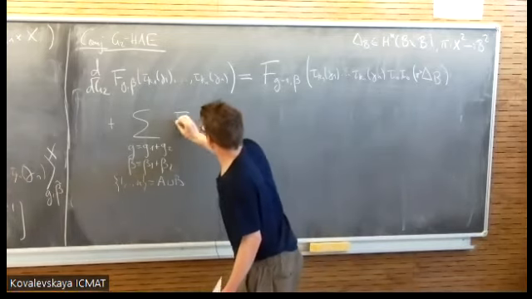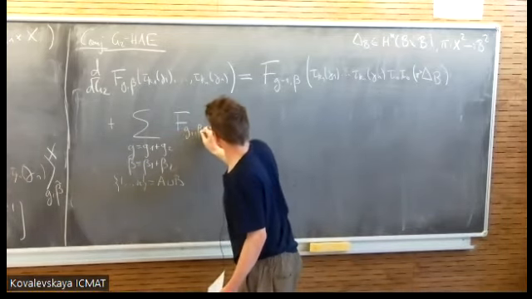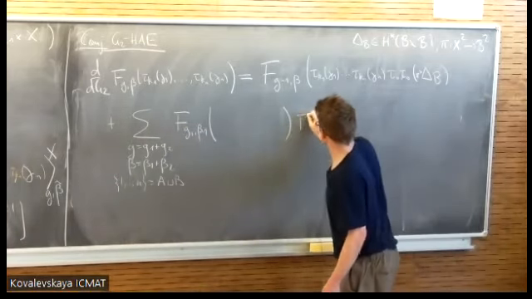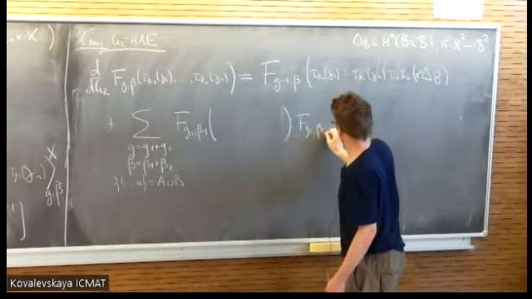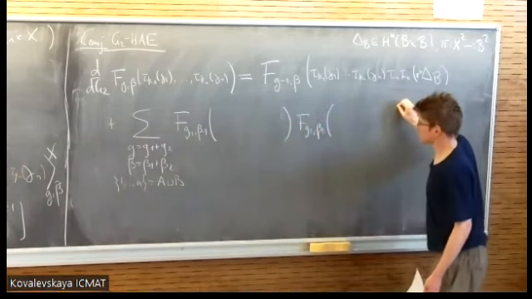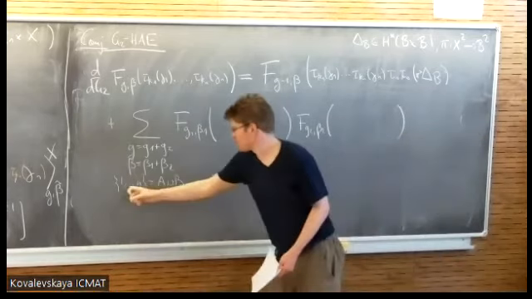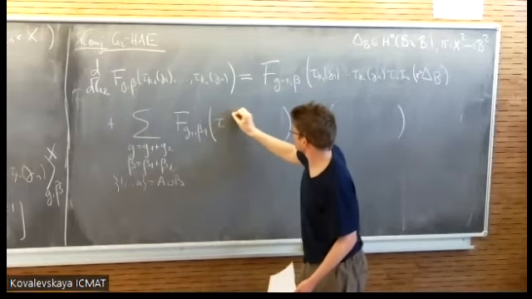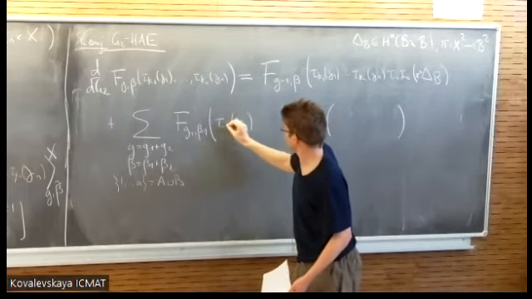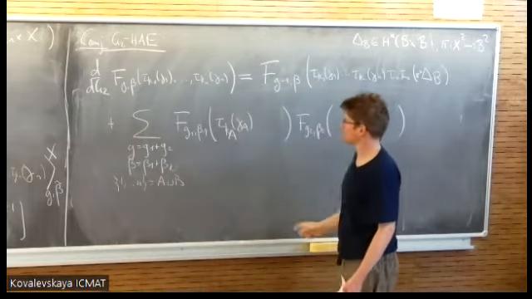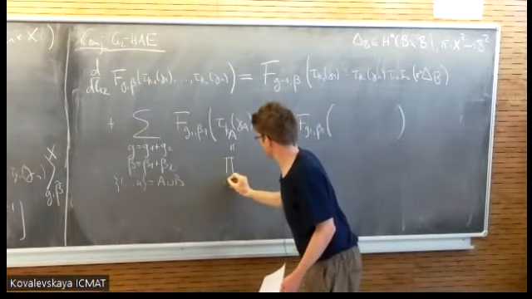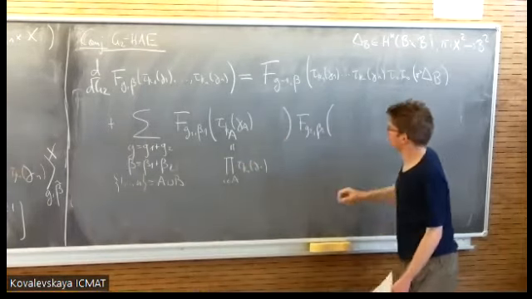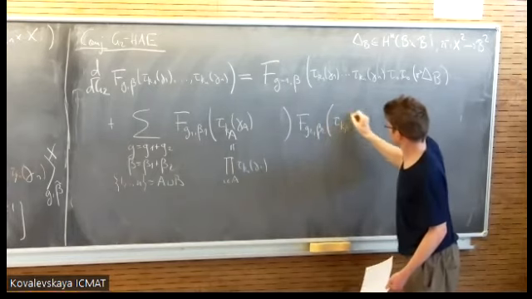And so here you have F_G1,beta1 and here you have F_G2,beta2. The markings labeled A will go into this factor, which I write as tau of gamma A, Ka, the product over i inside A of tau Ki of gamma i. And then here is the tau Kb of gamma B.